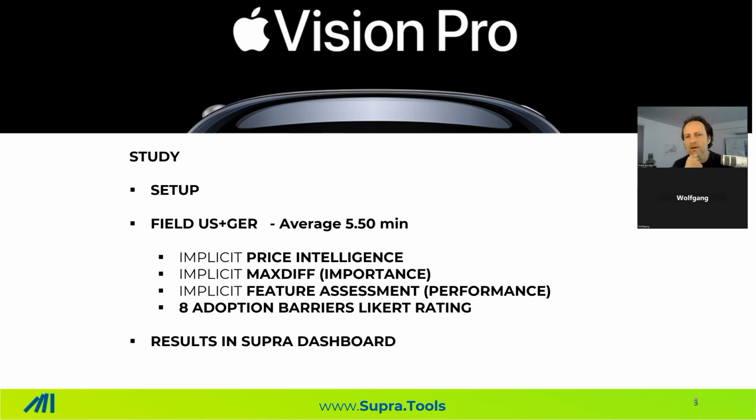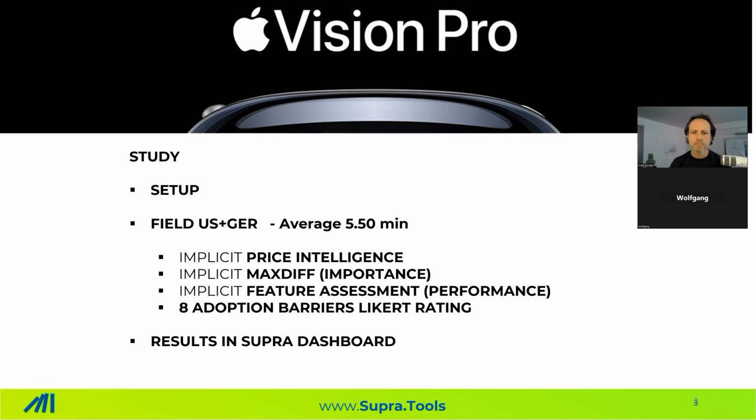So basically an implicit association test where we ask the user, here's this feature, for instance, high resolution display. Is it important or not important? MaxDiff is actually a method to find out how important features are. It does it by giving you two features and asking, hey, which feature is more important?